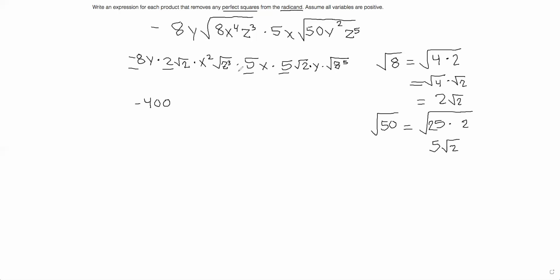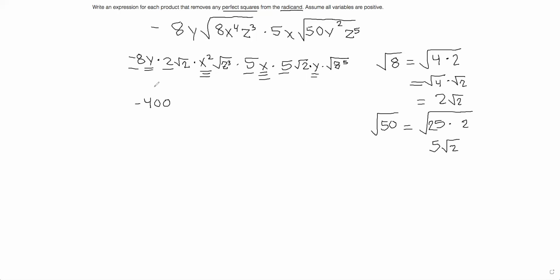So next thing we want to do is simplify this z to the 3rd power and this z to the 5th power, see what we can do about those. But before we do that, let's see if we can combine any like terms together. So we have a y right there, another y right there, an x squared right there, and then this is an x.